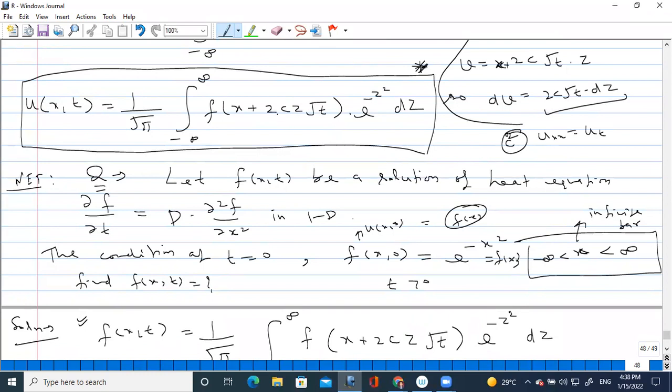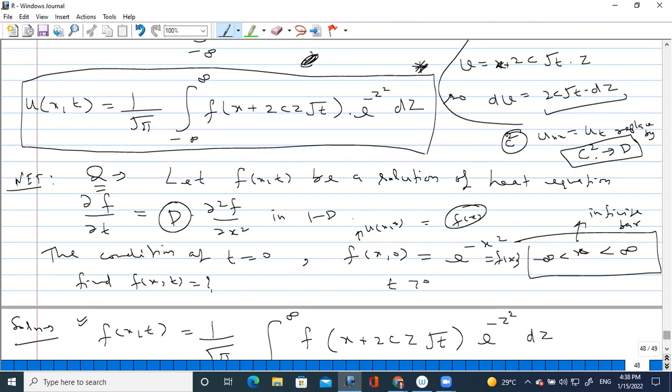So c is used as per that. In this question diffusivity is d, and in the formula in this book they have taken c square in place of d. So you must remember that at the last c square will be replaced by d.